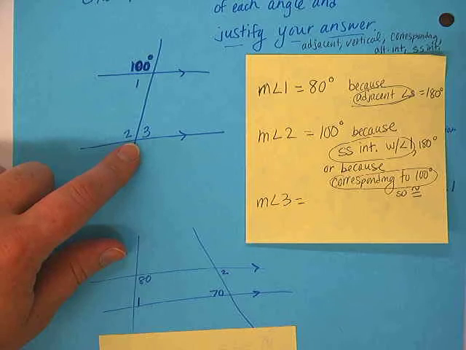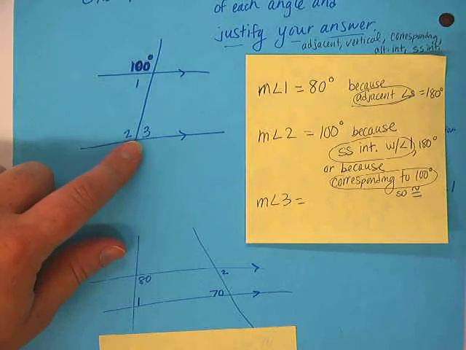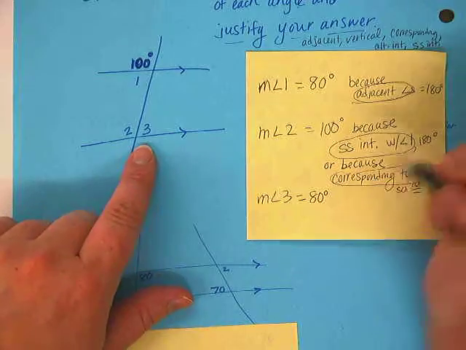Who knows the measure of angle 3? 70? Maybe, I don't know. 90? I don't know. 80.